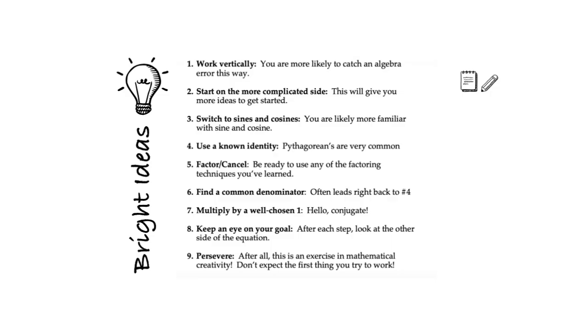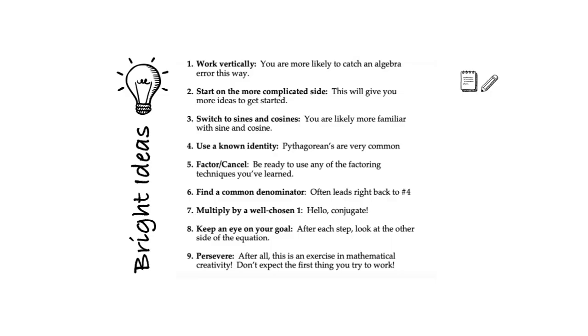Factoring and canceling and finding a common denominator and multiplying by a well-chosen 1, these are all algebraic skills that you want to have mastered and at the ready as you're solving identities. And then the second to last idea there, always keep an eye on your goal. After each step, look back to see where you are trying to get and what you might need to do to get there.